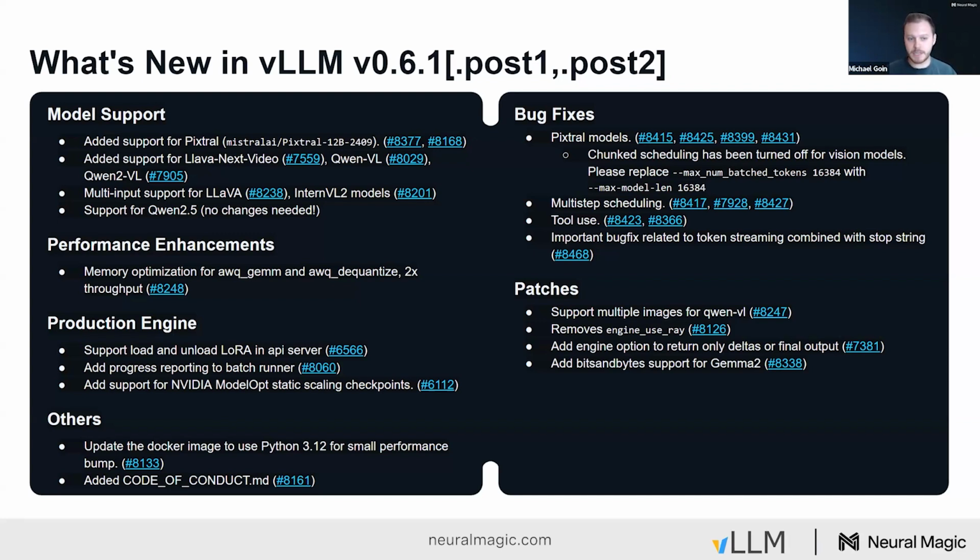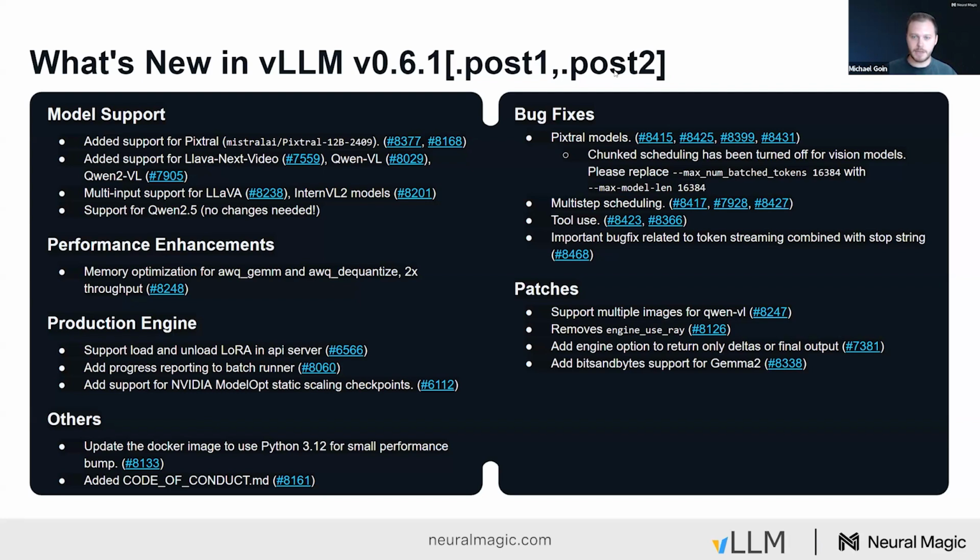In terms of performance enhancements, there were support and optimization for AWQ. Basically, these are new kernels written in Triton that aren't exactly useful for NVIDIA GPUs, but they did add support for AWQ for AMD GPUs.